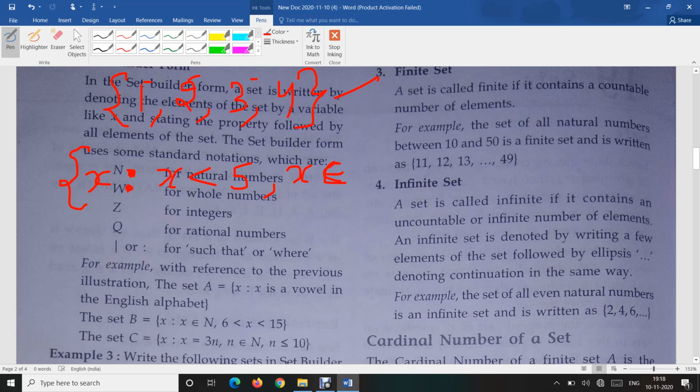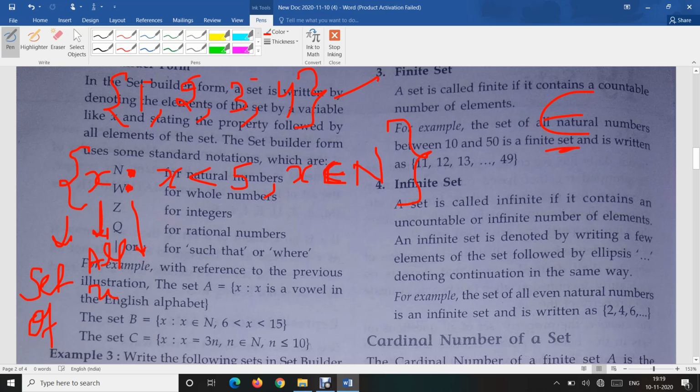This is the sign of belongs to. So x belongs to natural numbers, and N represents natural numbers. So this is the set builder form, where these are the curly brackets. You can say set of all x.